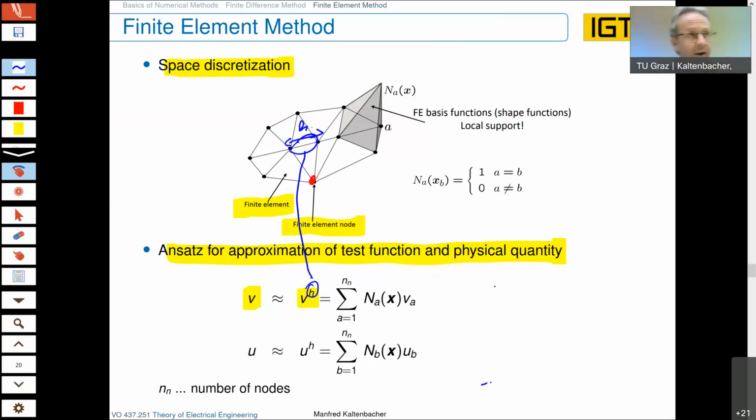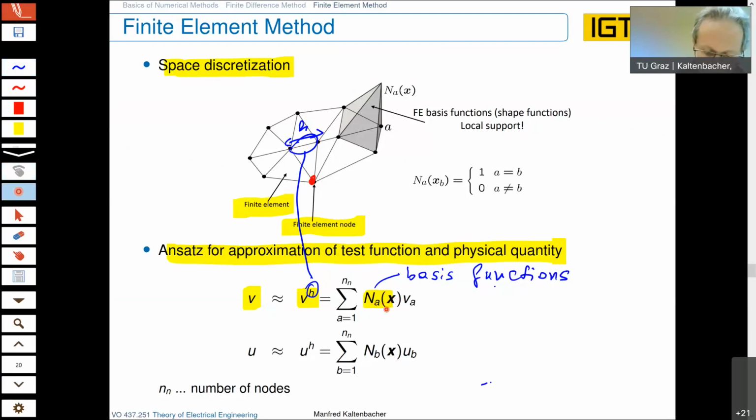Okay, and you see, we do a very interesting ansatz. We do a sum of so-called basis functions. So these are our basis functions. And as you can see, the basis functions depend on the space.